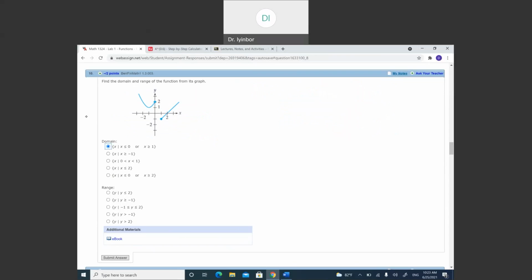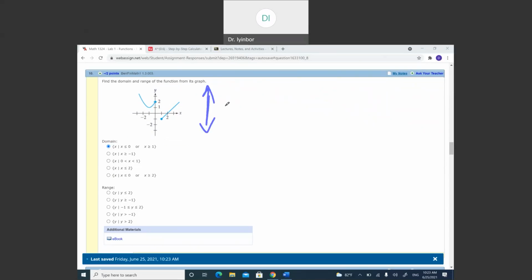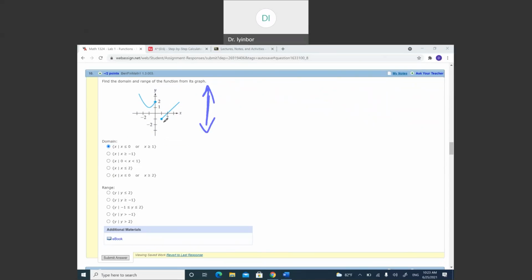So that's the domain. Now, for the range, we're going to do something different. For the range, we're going to look up and down, because y is up and down. That's the y-axis. So how are you going to find that? We see the graph start from here, and it's going above, right? There's no graph below this point, this line. And this line is at -1.